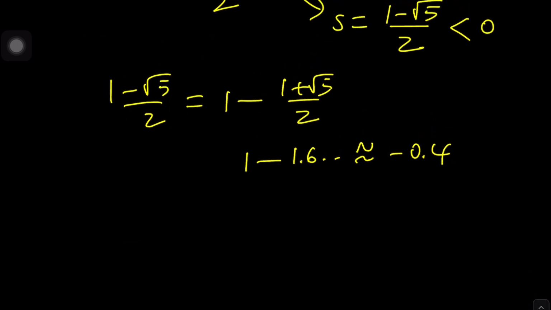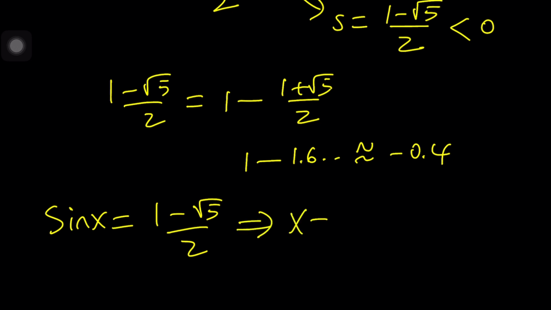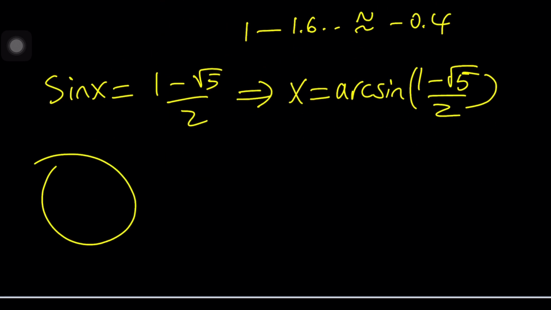Now, here's what I'm going to do. If sine x is equal to 1 minus root 5 over 2, then from here I can basically find x by arc sining both sides, right? Arc sine of 1 minus root 5 over 2. You got to be careful though. Arc sine has a range, not the domain, but the range.